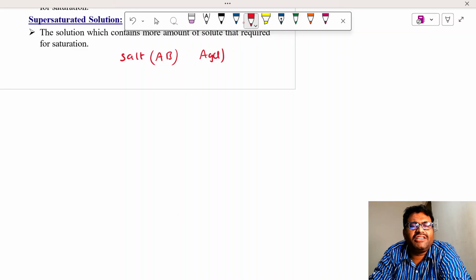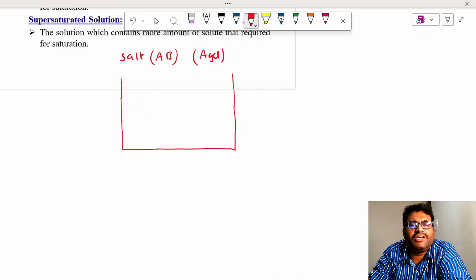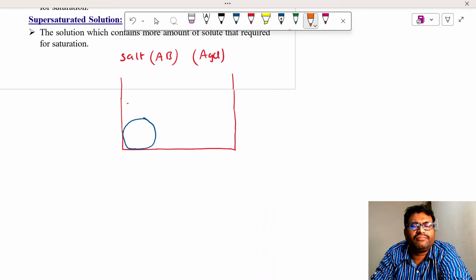Let us take AgCl. I am dissolving this AgCl in this container. How much AgCl have I kept here? Some 10 grams in water. The solvent is water.